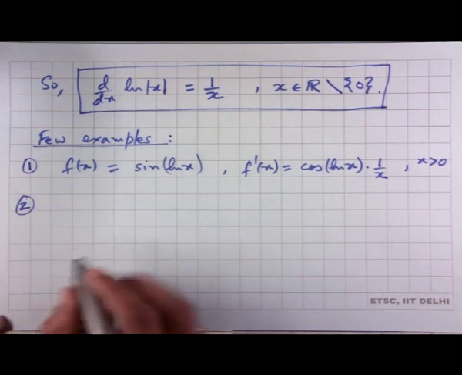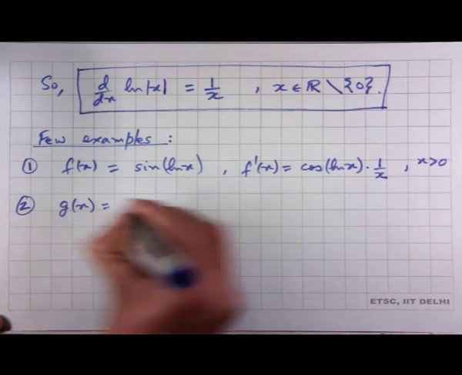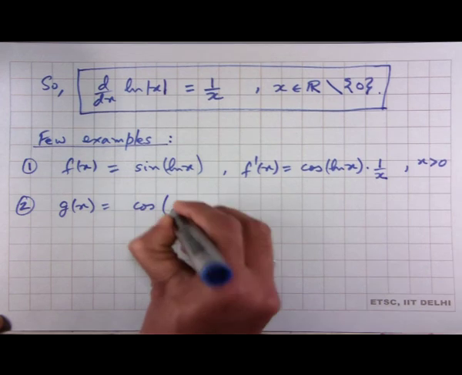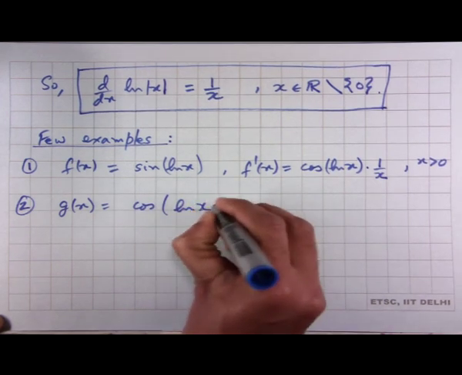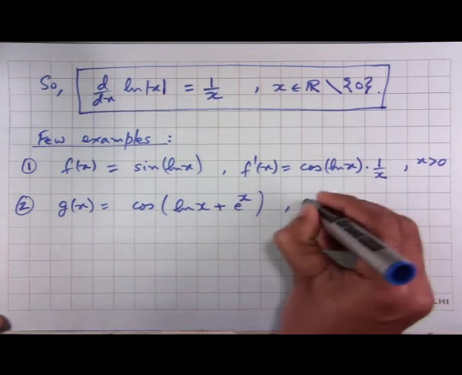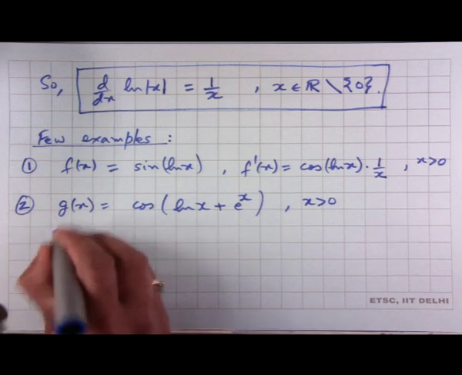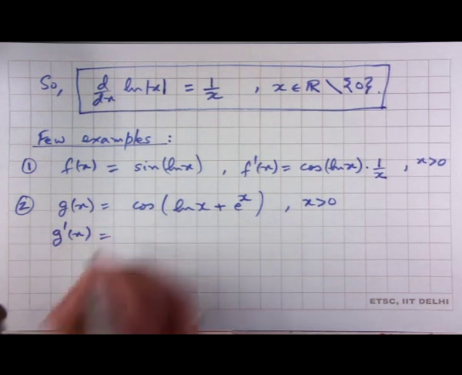Let us look at one more. g of x is equal to cosine of log x plus e to the x. Again, this function is defined for all x greater than 0. Then g prime x, again we use chain rule.